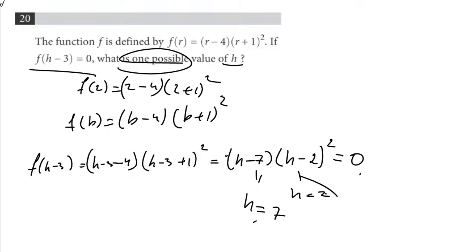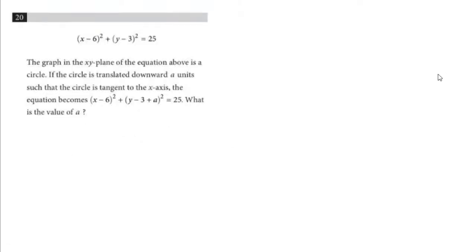So let's continue. Okay, another interesting question here. We have a graph of a circle, and it's translated downwards a units to get this. What is the value of a? Sorry, let's have an approximate graph of this.